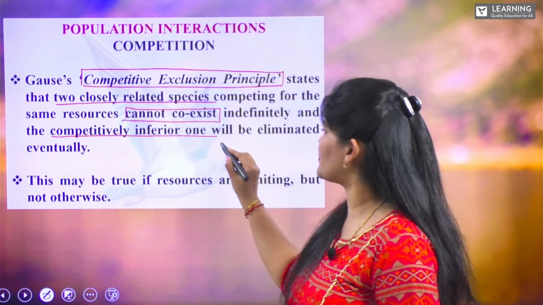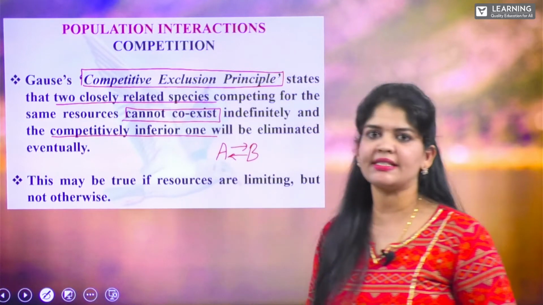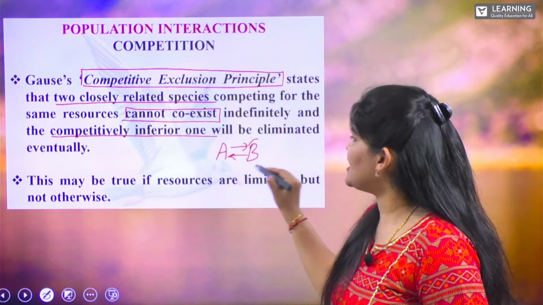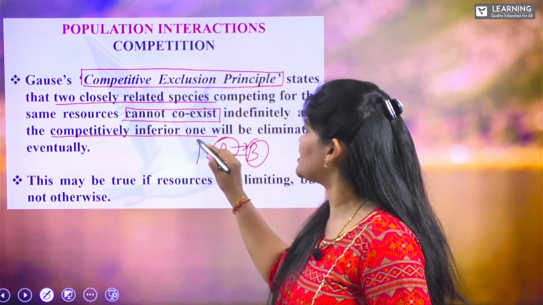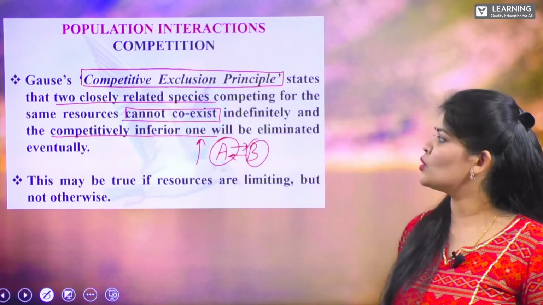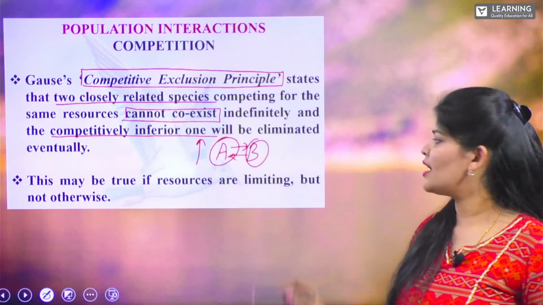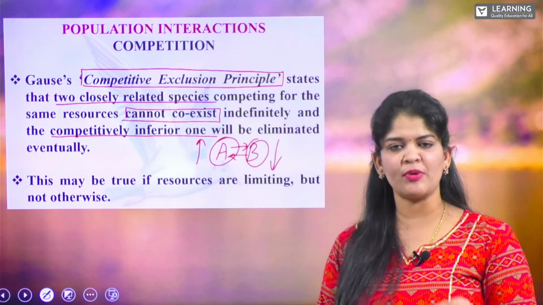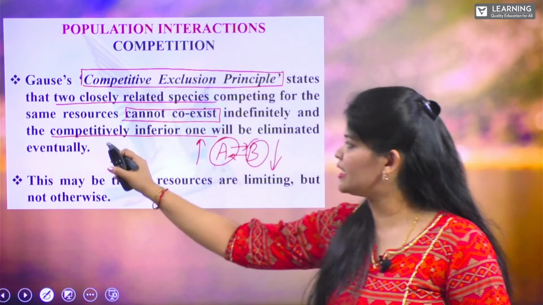But this is not true, as there is evidence of co-evolution. So, for example, A and B both compete for the same available resources. Here, B is inferior and A is superiorly competitive. So there is a rise in the population density of A and a reduction in the population of species B, and finally it leads to elimination, that means B is eliminated eventually.